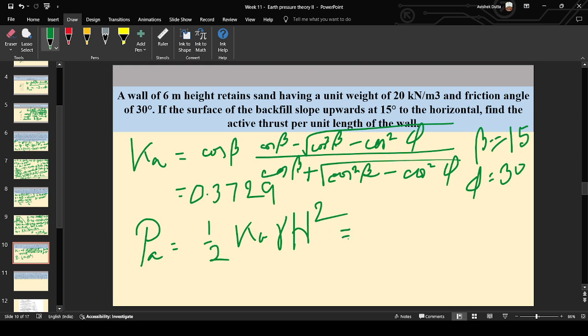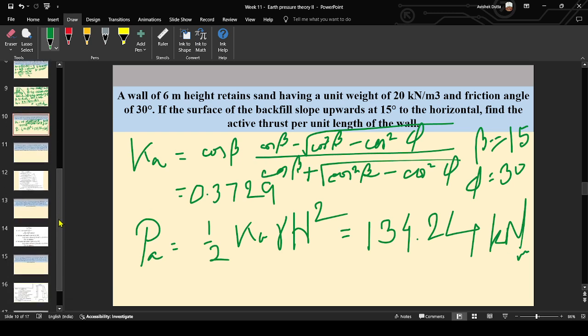Gamma is 20, h is 6, and just solve it: 0.3729 into 20 into 36 gives 134.24 kilonewton per meter. Okay, so this is the main part, finding the coefficient of active earth pressure for a backfill with a slope.